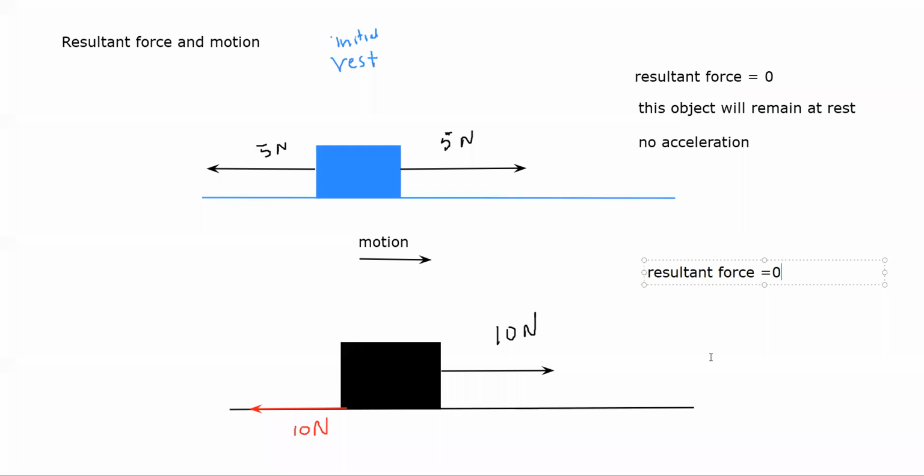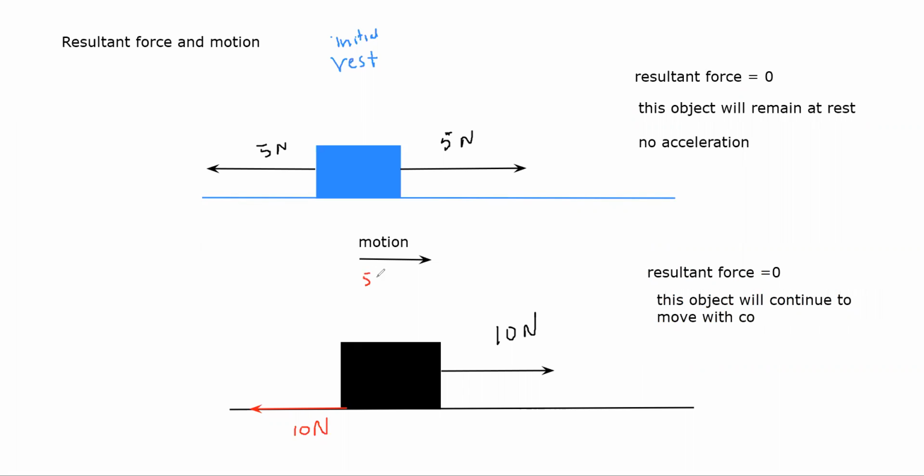So when the resultant force is 0, this object will continue to move with constant speed.